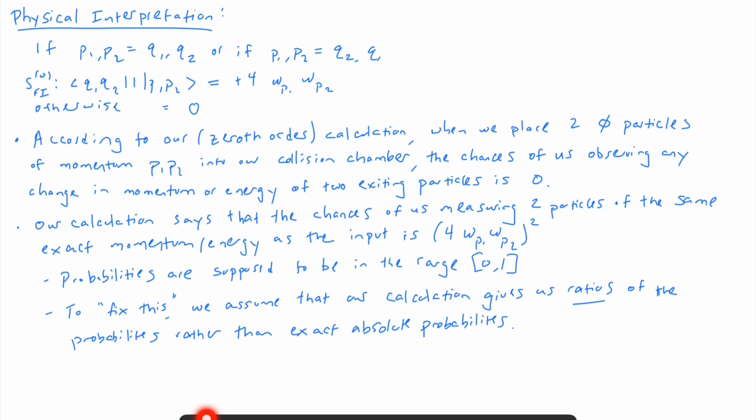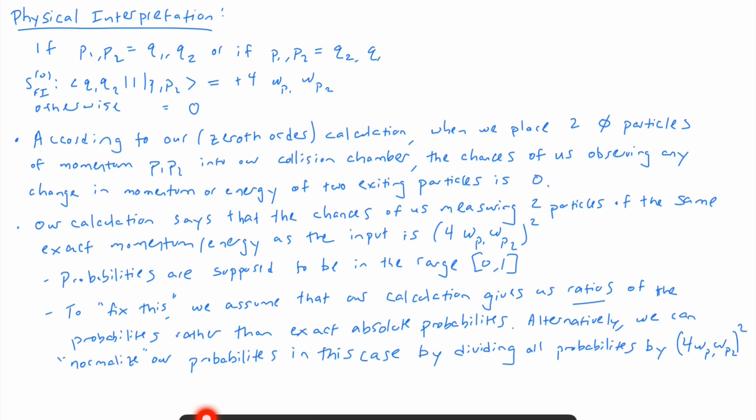We just realize that when we do these calculations, our actual probabilities are technically the ratios of different possibilities. So the chances of measuring exactly the same thing divided by the chance of measuring anything different is the factor that counts, so that's what means anything physically. We're just looking at our calculation as if it's telling us it's more likely to get this than that, and infinitely more likely here because the other chances are 0.